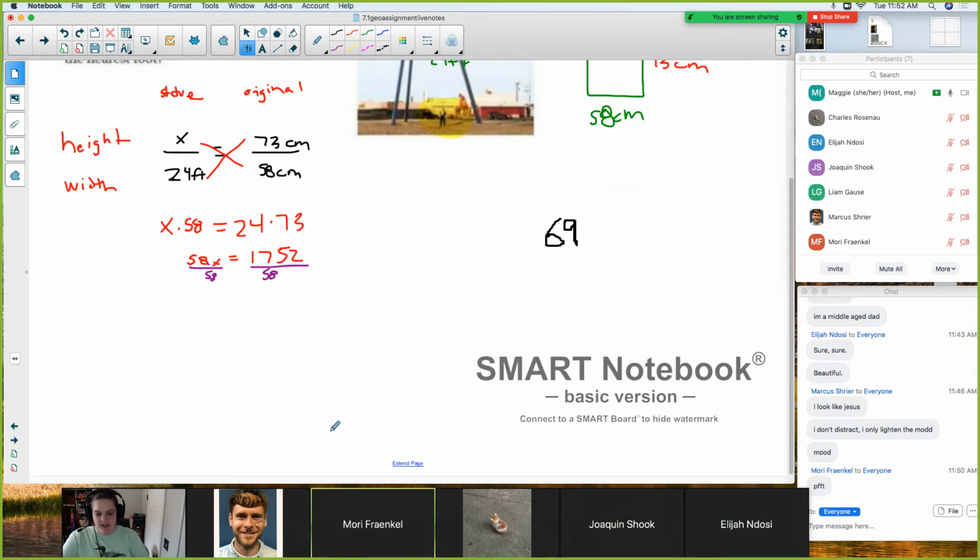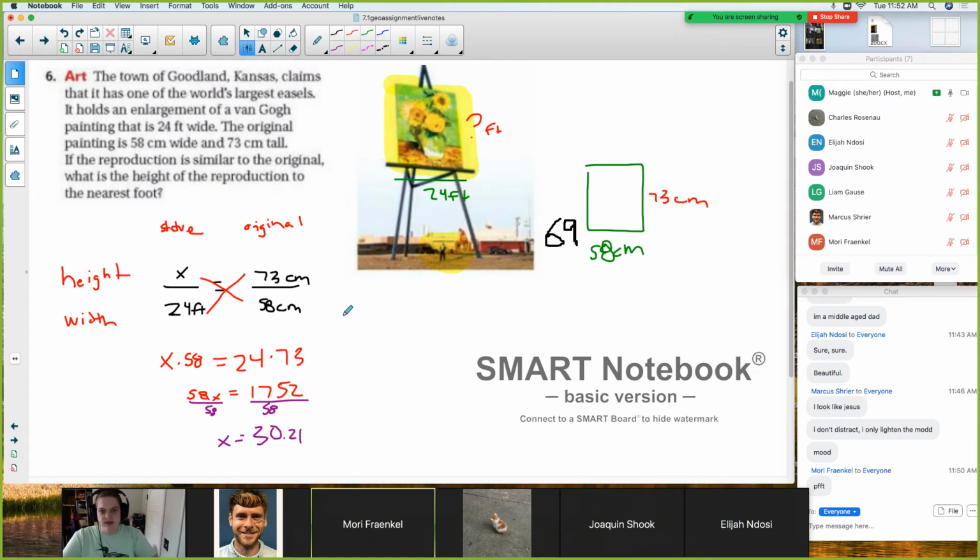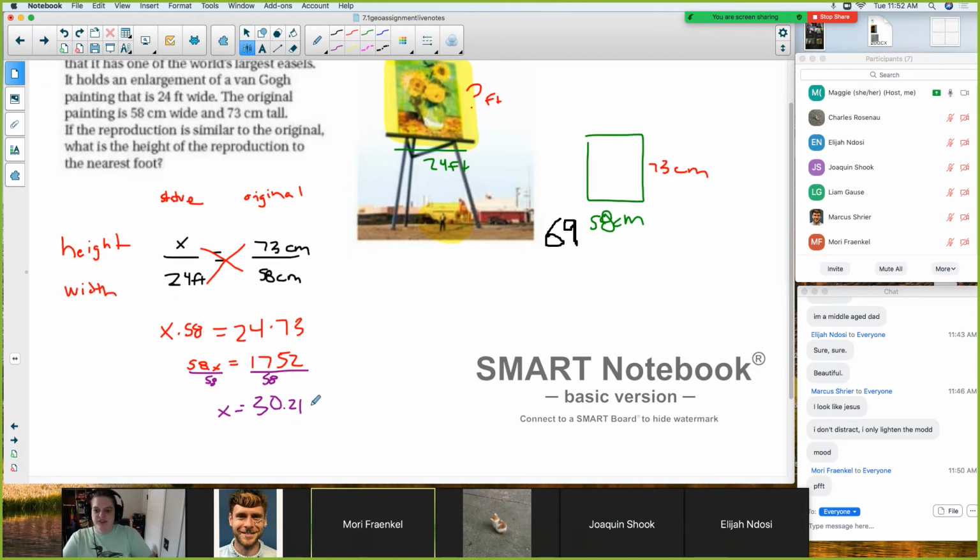So divide by 58 and we get 30.21. Let me just double check that we have the right numbers, because that was a decimal and that just makes it feel weird. All right, it does say to the nearest foot, so 0.21 would mean that we're actually just going to round this to 30 feet. So 30 feet for the height of the giant easel image.